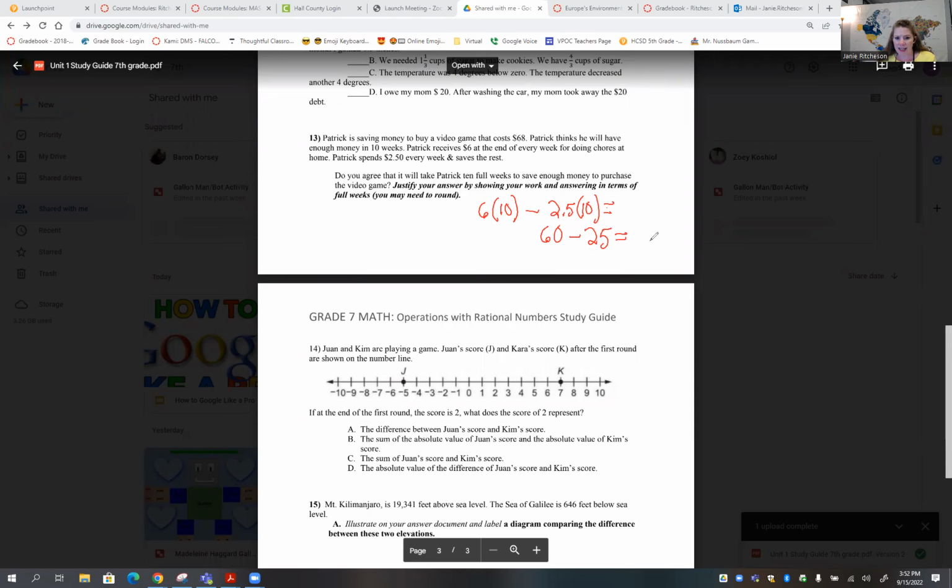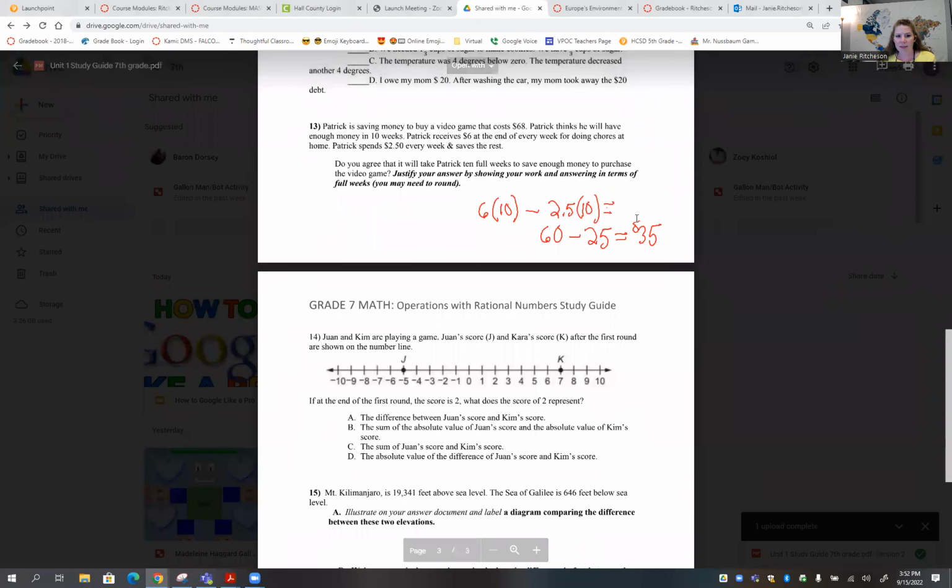So he does not have $68 at the end of the 10 weeks. He only has $35. I do not agree that Patrick has enough money saved at the end of 10 weeks. He only has $35. Okie dokie.